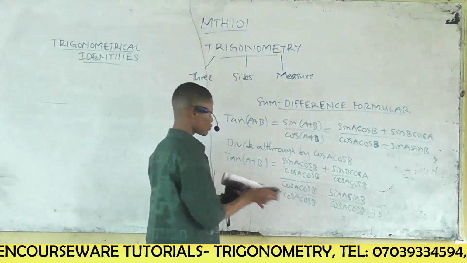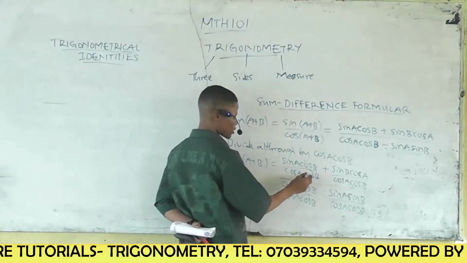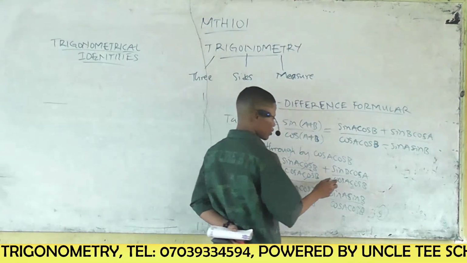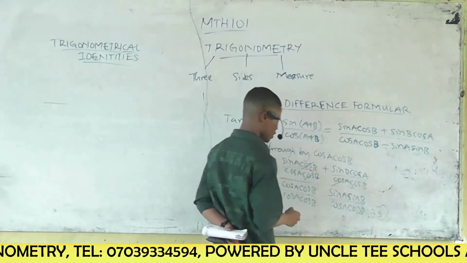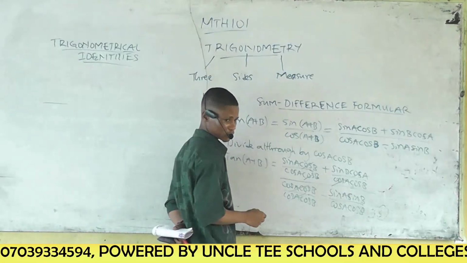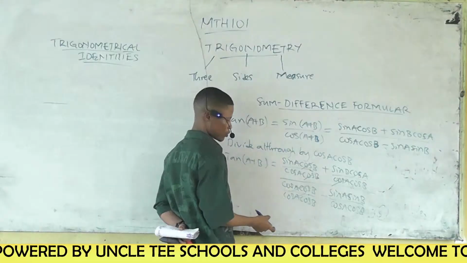Now, if you look at this closely, you see that cos B, we cancel cos B here. Cos A, we cancel cos A here. Then this one, you are left with what? 1, right? This one, we divide each other to give 1.